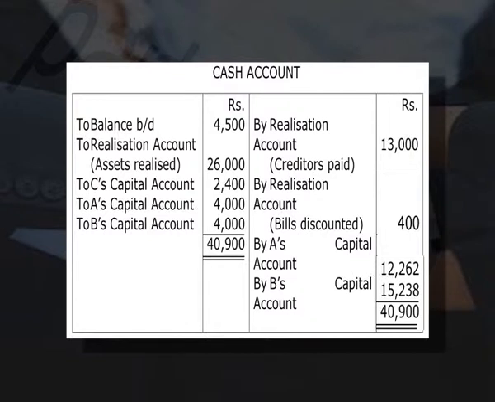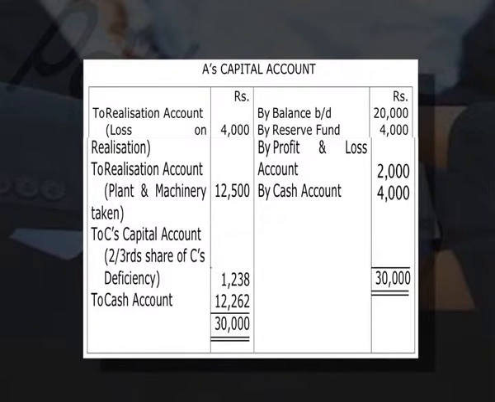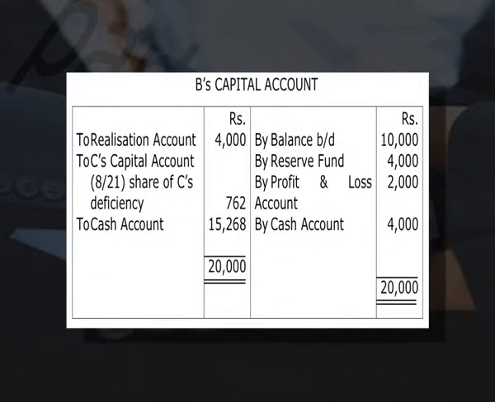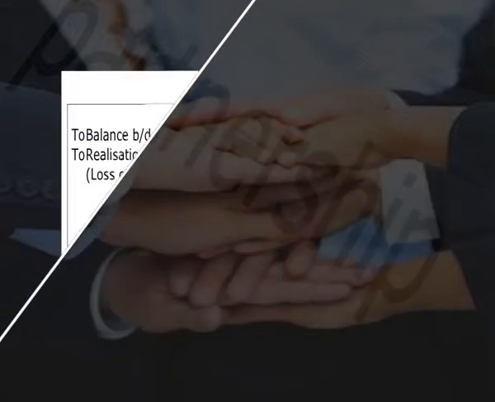Cash account, then we'll make A's capital account, B's capital account, C's capital account.